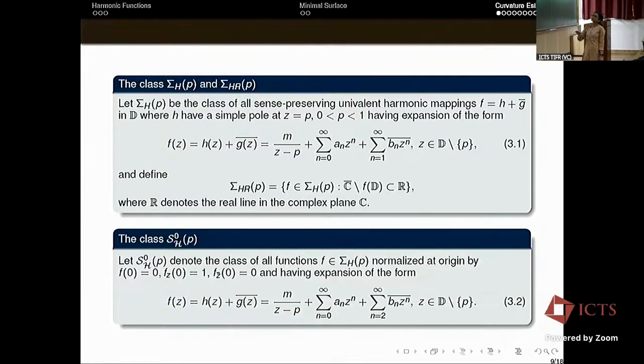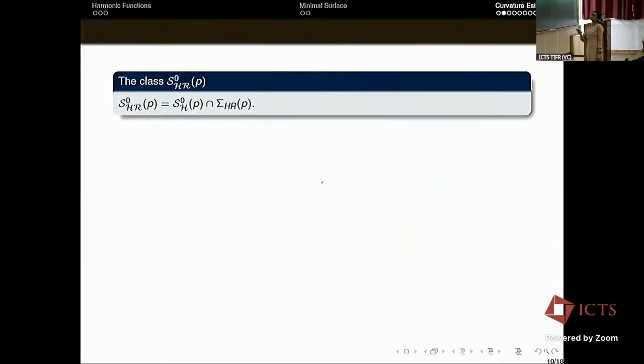Next, let S_H^0(p) be the class of all such functions f in sigma_H^p that are normalized at origin by these conditions, and so the functions in this class will have a series expansion of the form 3.2. The class H_R^0(p) is the subclass that lies in the intersection of these two subclasses S_H^0(p) and sigma_H^R(p).